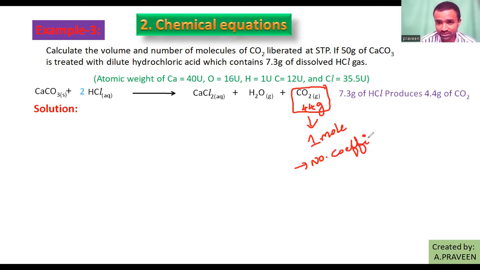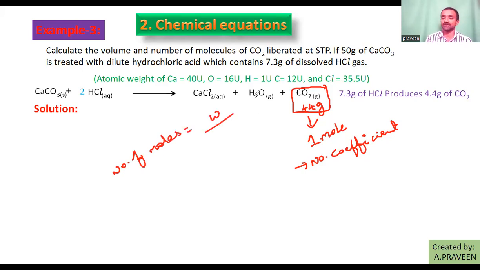Okay. If you don't know this logic, how do you find out? If no logic is given to you, how do you find the number of moles of carbon dioxide? Number of moles is equal to mass given divided by molecular mass.